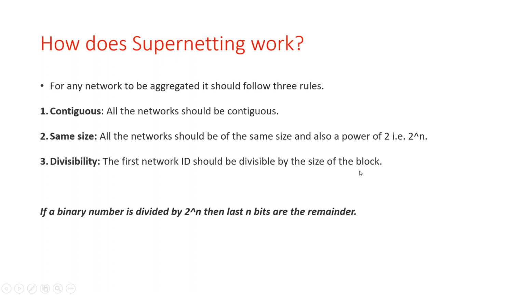So these are the three rules used in supernetting. If a binary number is divided by 2 raised to n, the last n bits are the remainder. If we have an 8-bit binary number representation and divide it by 2 raised to n, then the last n bits are the remainder.